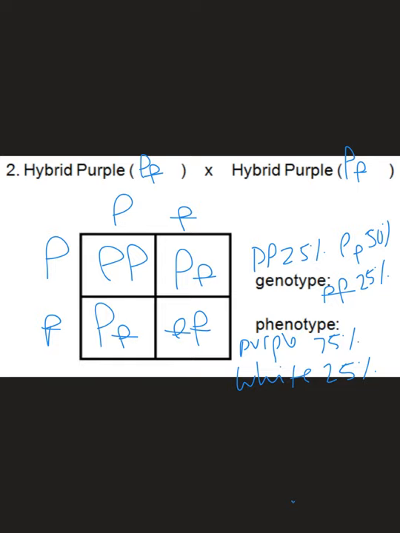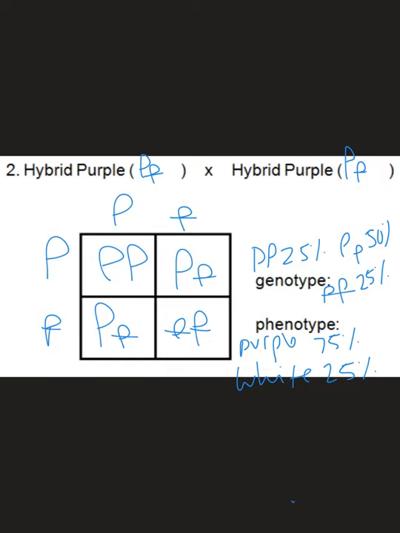Number 2, hybrid purple crossed with hybrid purple, or heterozygous purple, give you 50% heterozygous purple genotypes, that's capital and then lowercase p. 25% homozygous genotype, capital P, and then 25% recessive genotype, which are 75% purple, 25% white phenotype.